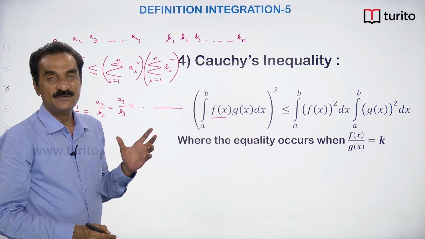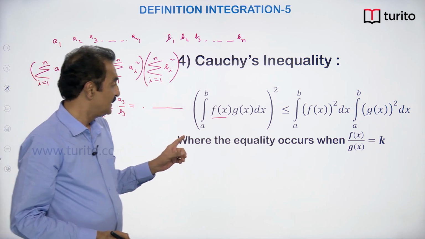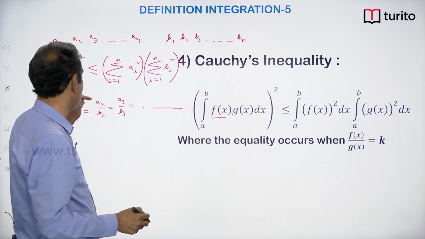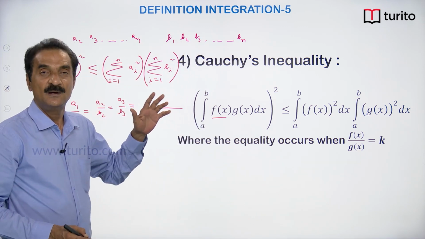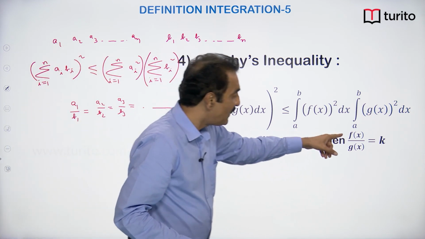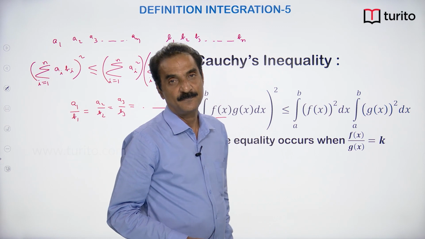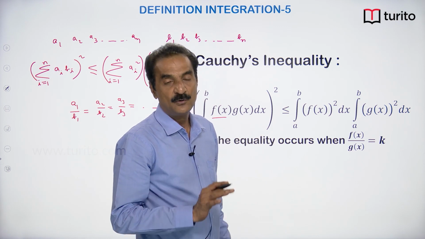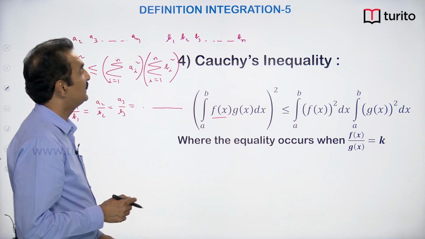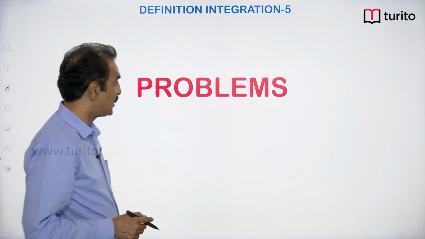Okay. This is called Cauchy's inequality, where the equality occurs when a1 by b1 is equal to a2 by b2 and so on, means ai by bi is a constant. So, here f of x by g of x is a constant, then only equality occurs. Now, let us solve problems.